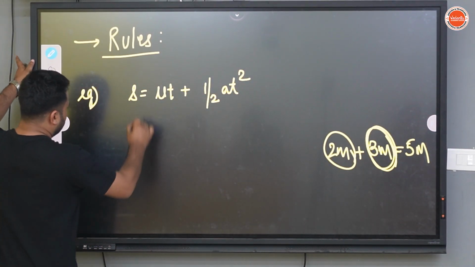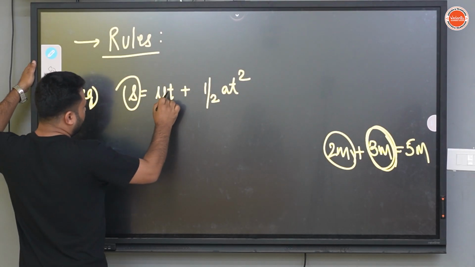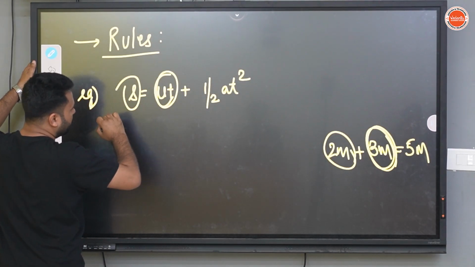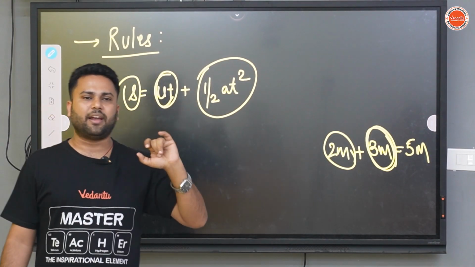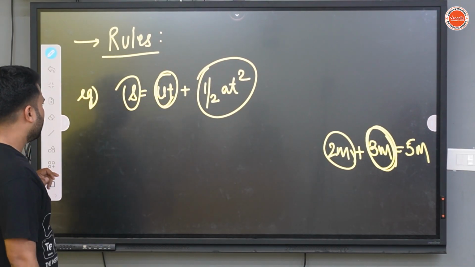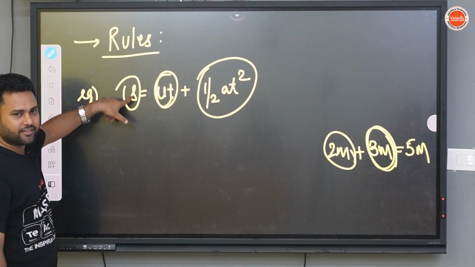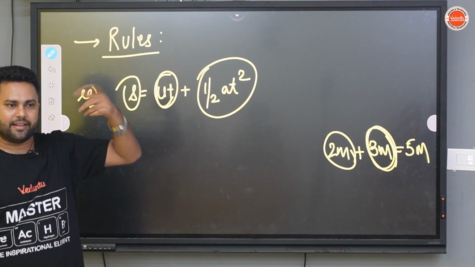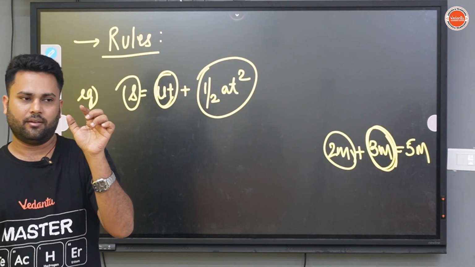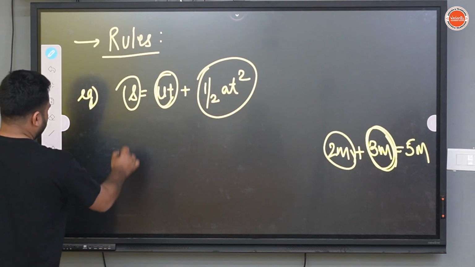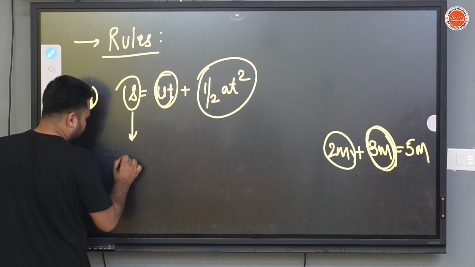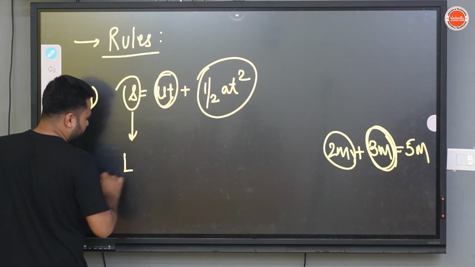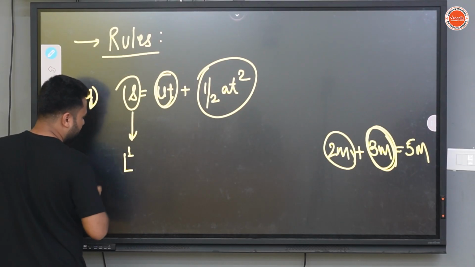All three terms will have the same dimension. And what is S? S is distance. Distance means length. So the dimension will be only L, or L to the power 1.